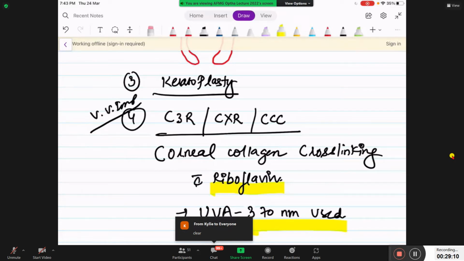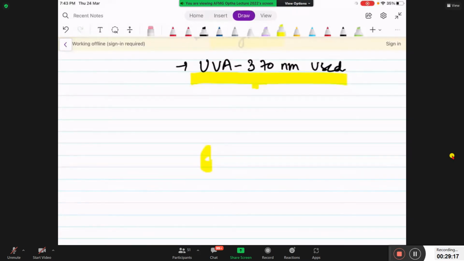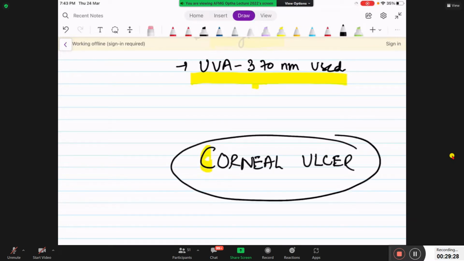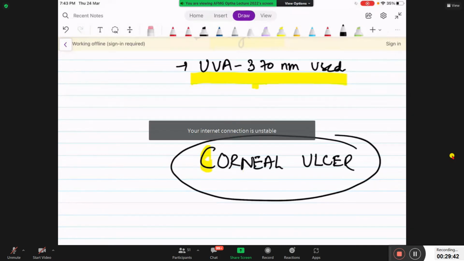So after keratoconus, we will discuss the next important topic, which is called corneal ulcer. Write down. Next important topic is corneal ulcer. Corneal ulcer is any discontinuity in the corneal epithelium.